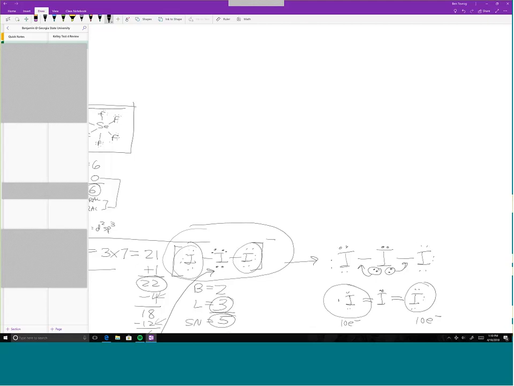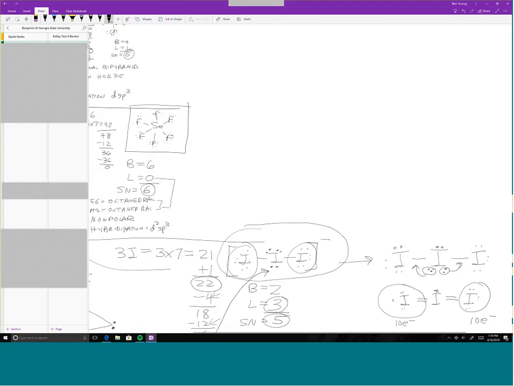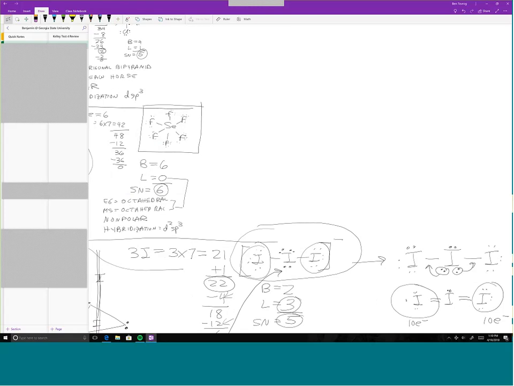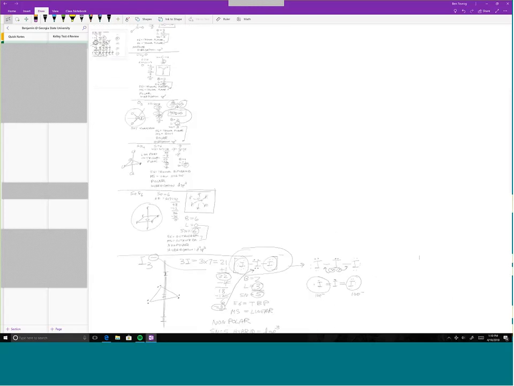So I guess what I'd like to say is in forming double or triple bonds, formed by taking lone pair electrons from the outer atoms, this is a great question.